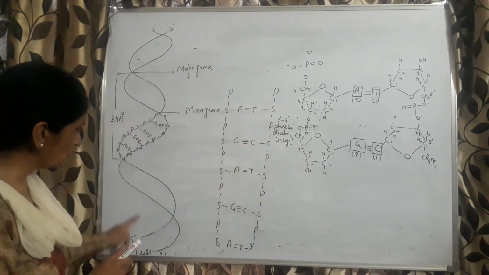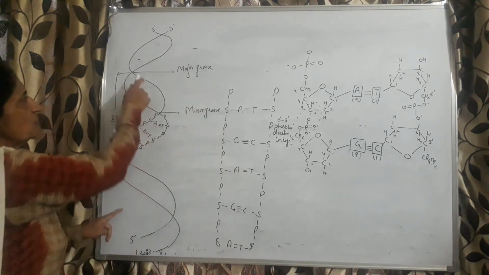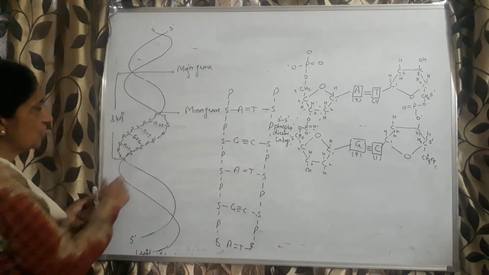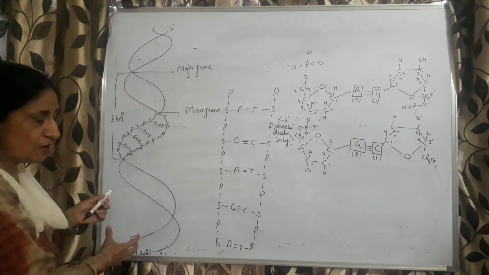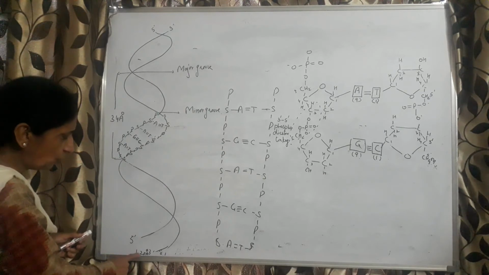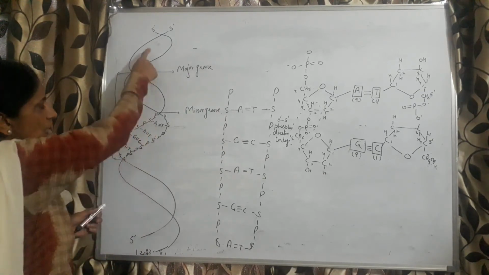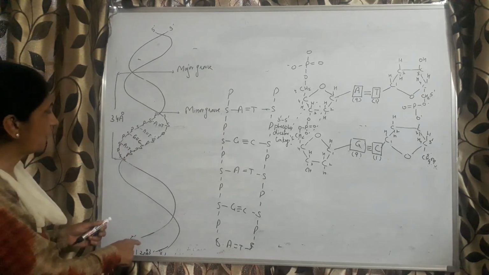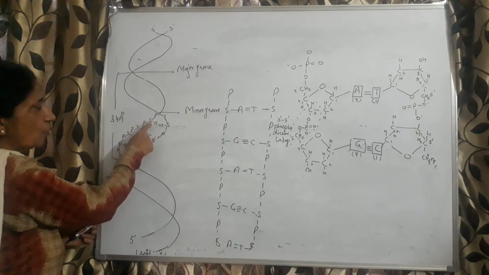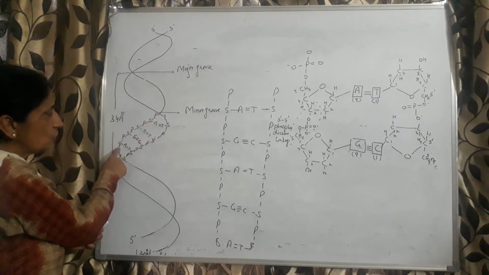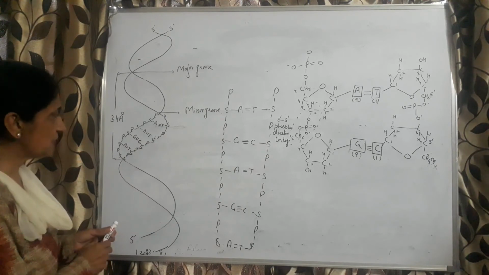Once again we can clear different points of the Watson-Crick model. It is made up of two polynucleotide chains which are spirally bound in a right-handed manner to form a double helix. The diameter of the double helix is 20 angstrom units. Two polynucleotide chains run in anti-parallel direction. The backbone of these chains is made up of alternating phosphate and sugar molecules, and in the interior there are nucleotide base pairs.